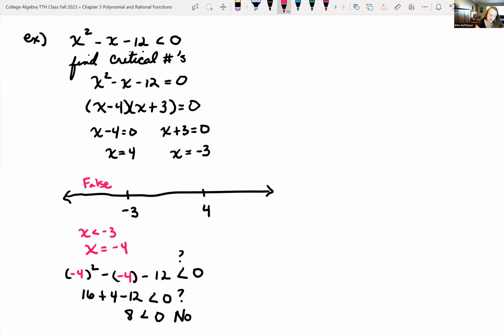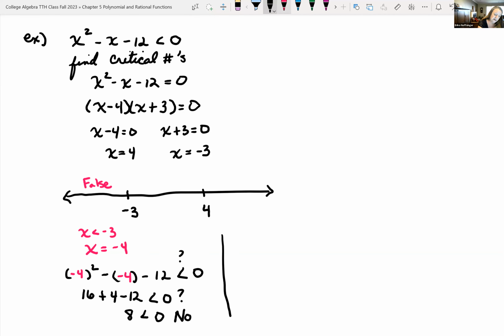And so no number less than -3 would have worked, plugging that in the inequality. So now looking at this, choose a number between -3 and 4. If 0 is in that interval, it's always the easiest number to choose.